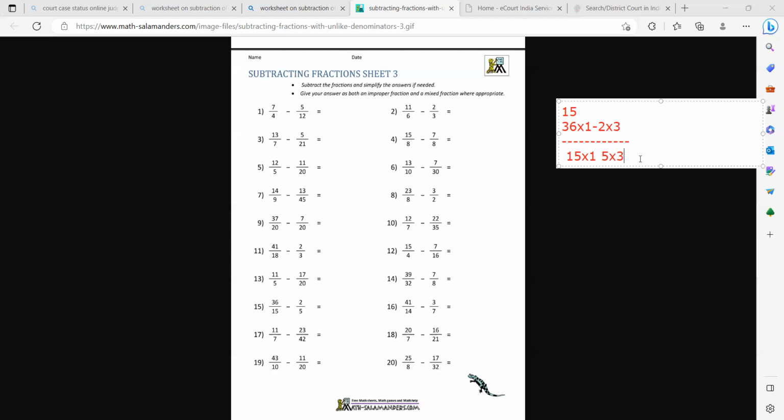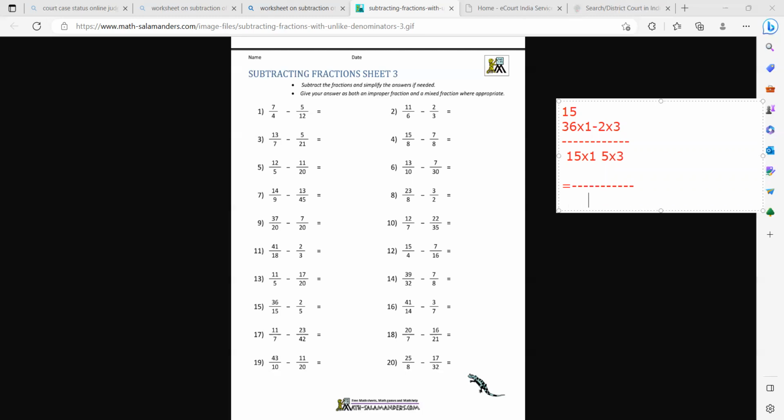So it will be 15. 36 into 1 is 36. Minus we have 6. So 36 minus 6 is how much? 30.